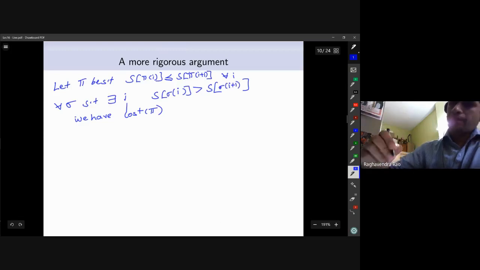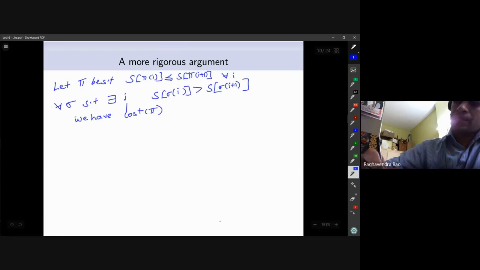Should be sigma here. Cost of pi is less than cost of sigma.